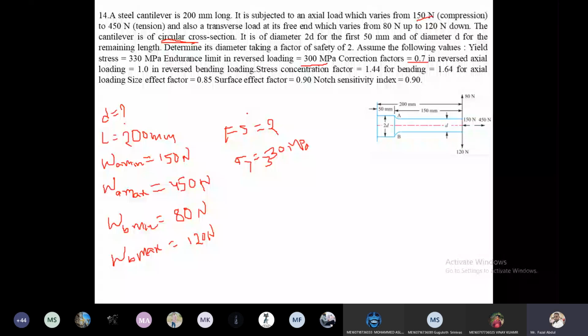Now first I'm following the answer with the help of axial loading. According to axial loading, I'm calculating first.